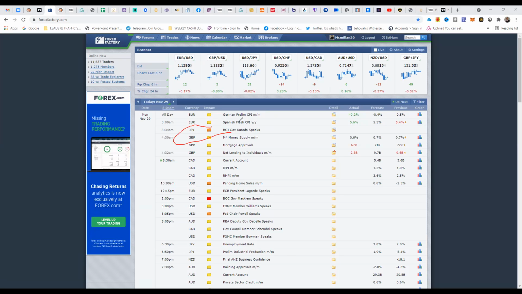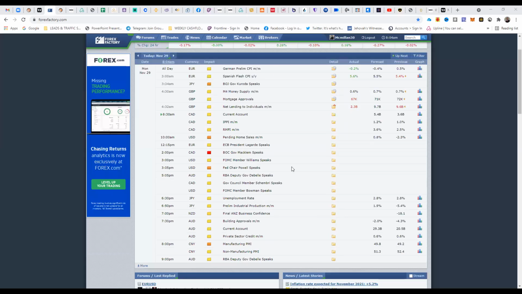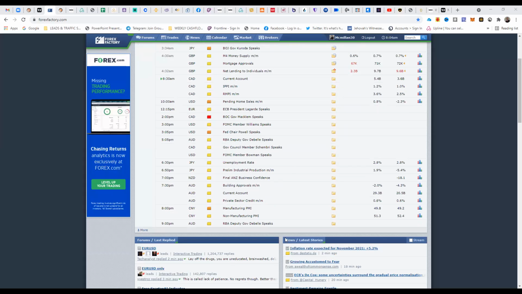During the London session, the JPY was the only currency under major news. Starting at 10 a.m. in the New York session, the USD and the CAD are going to be on the major news today, and then the CNY this evening in the Asia session.